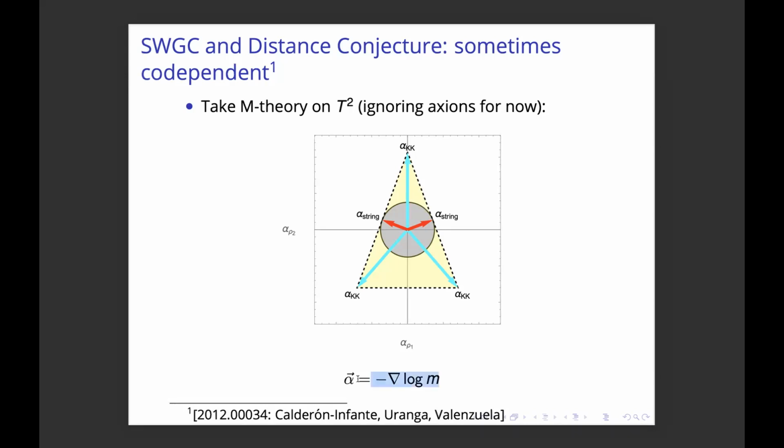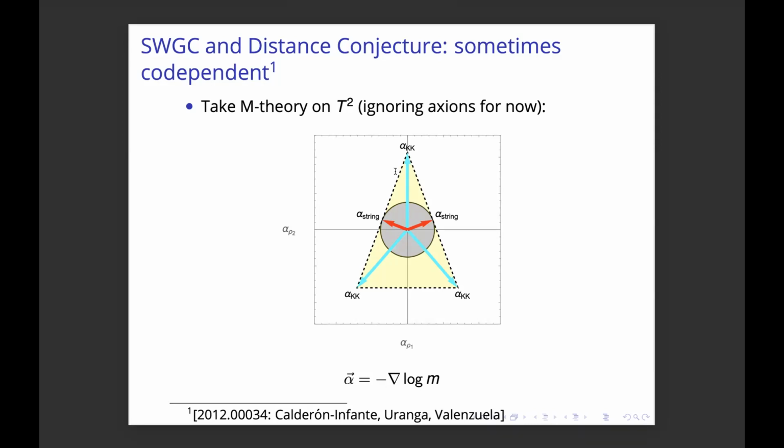So the scalar charge to mass ratio vector gives us a differential equation governing the mass. And we can integrate this differential equation along any infinite distance limit in this case. And we can get back precisely the Sharpened distance conjecture bound.